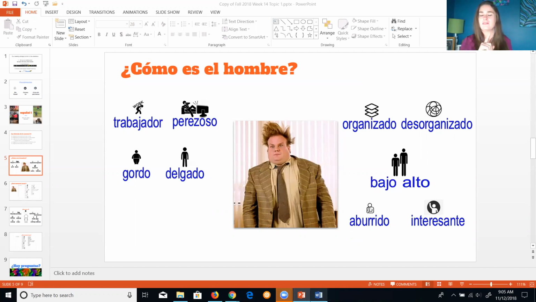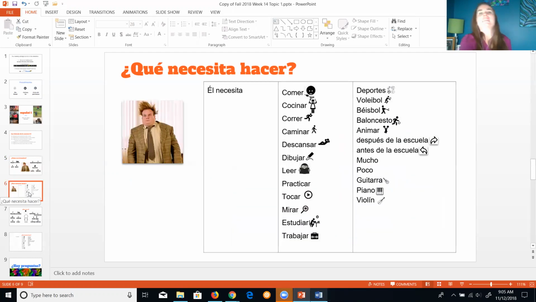So, thinking about este hombre, ¿qué necesita hacer? ¿Qué is what? Necesita comes from that verb necesitar. We're still talking about this man, so we're conjugating necesitar in the he form. So that's why we take off the AR, you add your A, so that's why it's necesita.